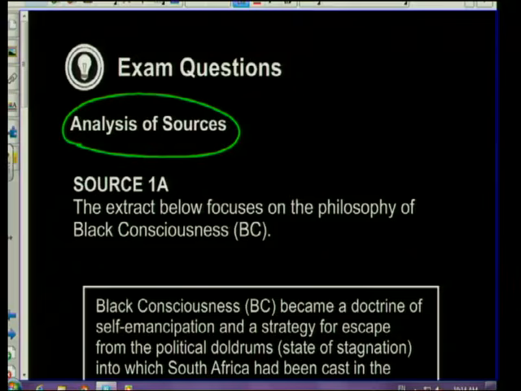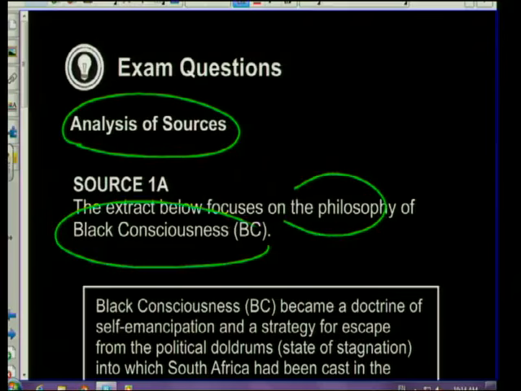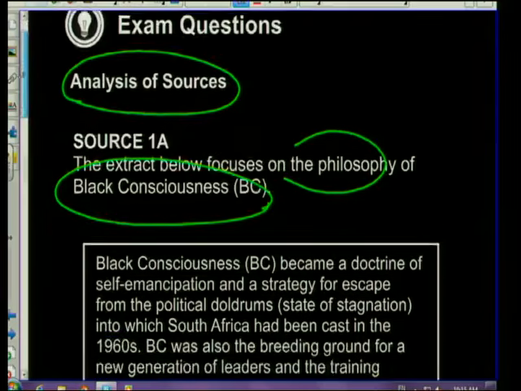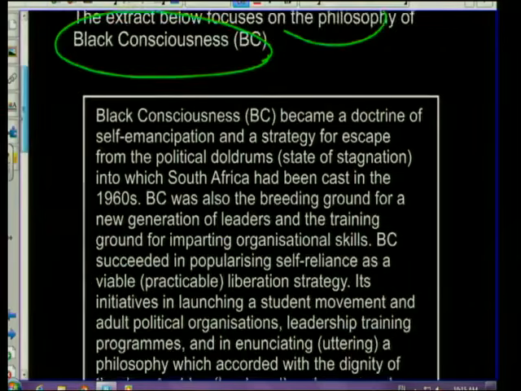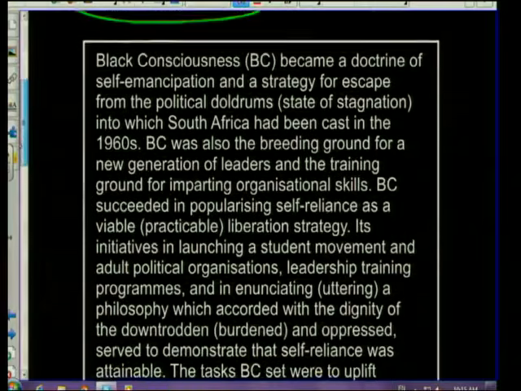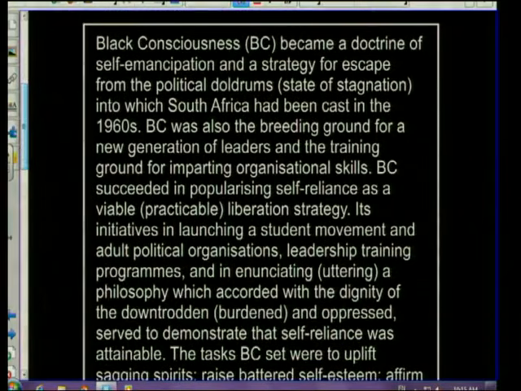This is source 1A. The extract below focuses on the philosophy of Black consciousness. Let's ask ourselves, what is the source about? It's about the Black consciousness movement and its philosophy.